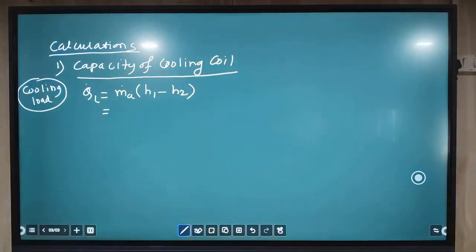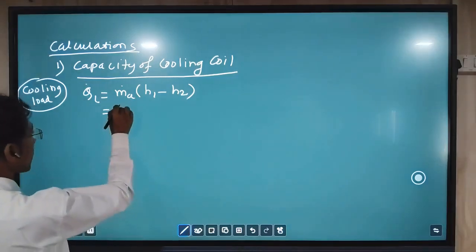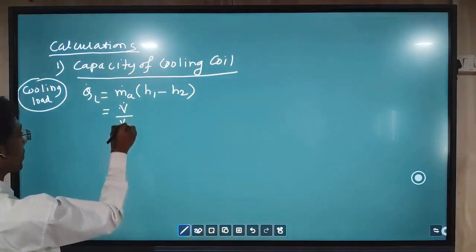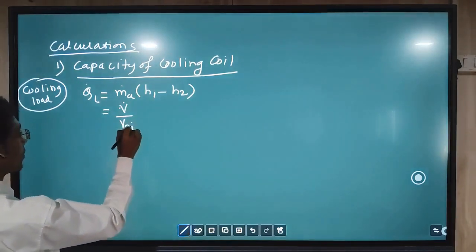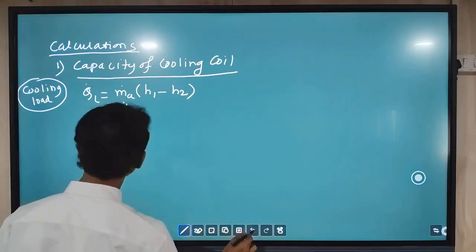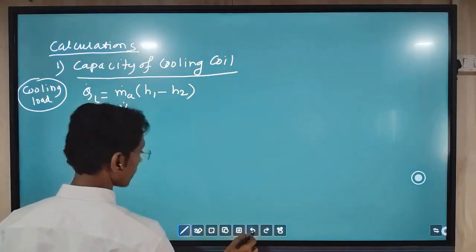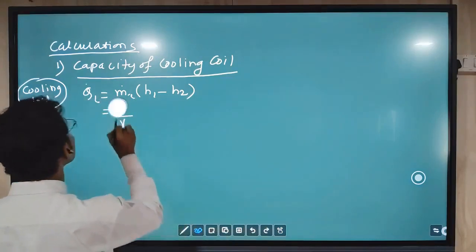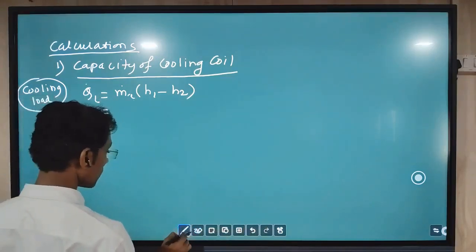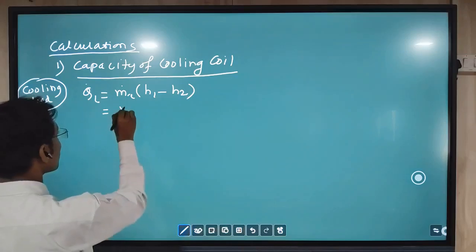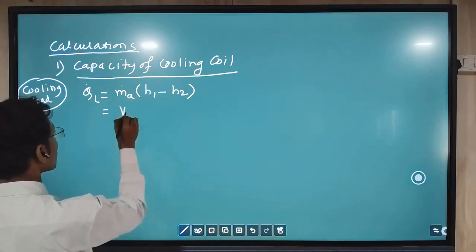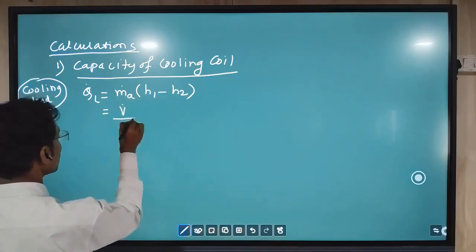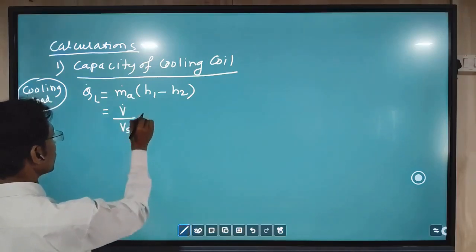So let us put the values. Now the mass flow rate we have to obtain by using the formula: V dot divided by Vs1, the volume flow rate divided by the specific volume.